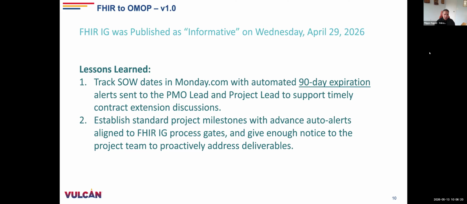The lesson learned there was to include a reminder on our project management platform, which is monday.com. We have reminders 3 months before expiration, so the team comes together and looks at the outstanding work and whether we need to extend it. For example, we were doing ballot reconciliation and knew we couldn't finish by the end of the year.